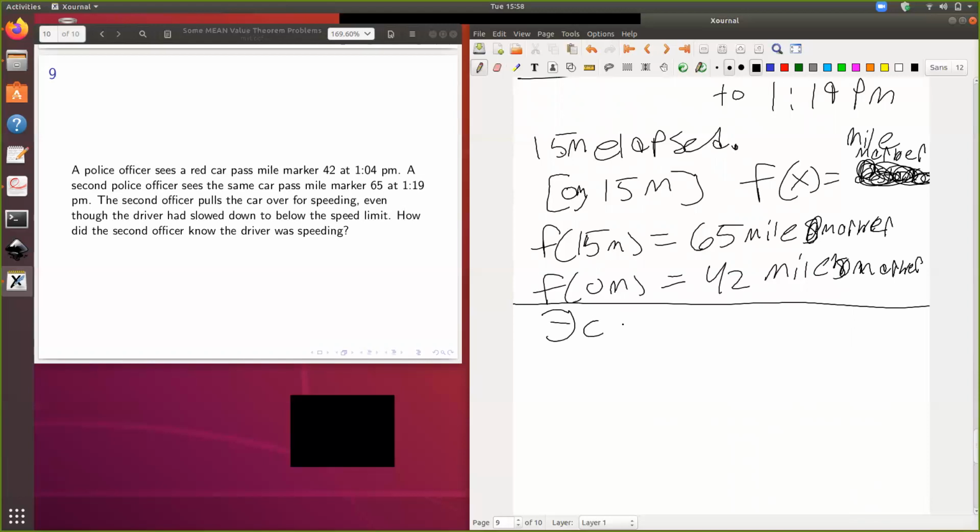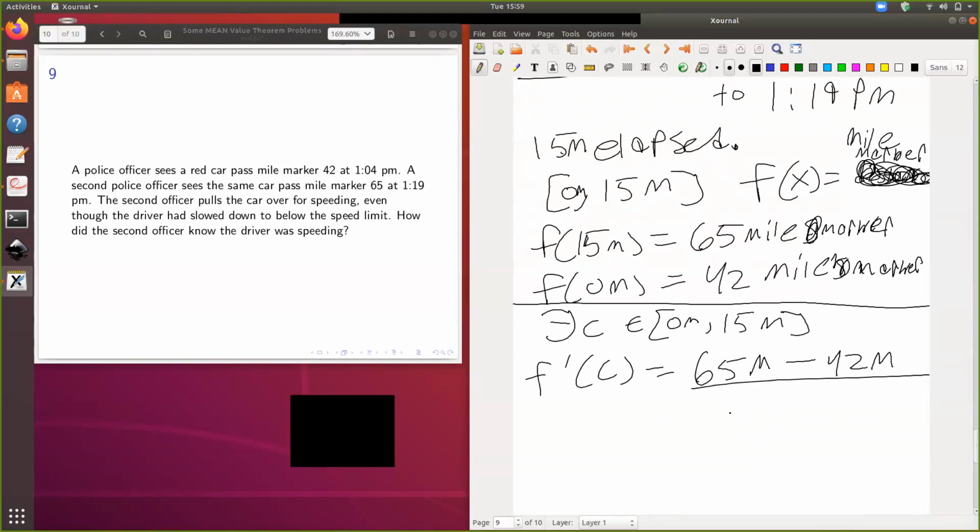So there exists a c in the interval from 0 minutes to 15 minutes, such that f prime of c is equal to 65 miles minus 42 miles over 15 minutes minus 0 minutes.